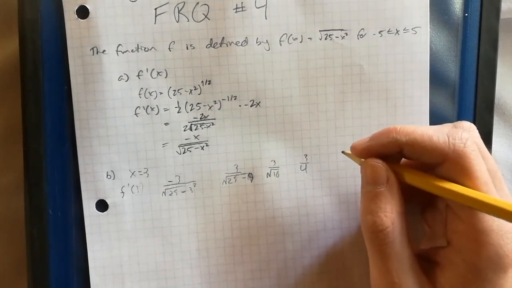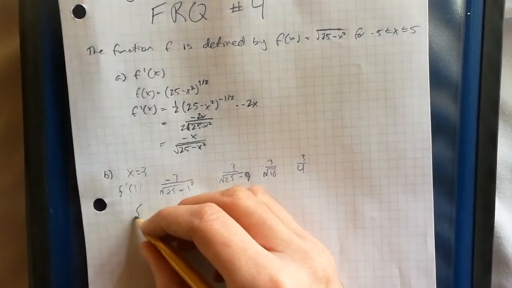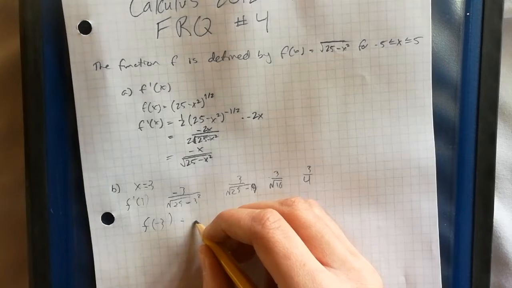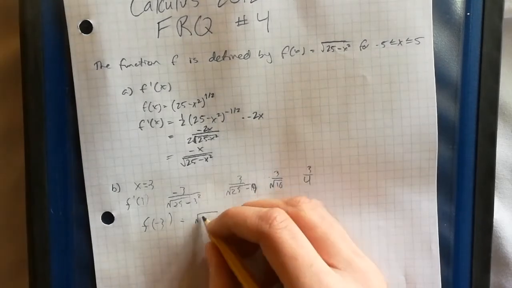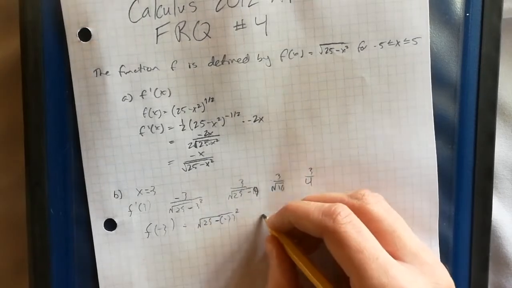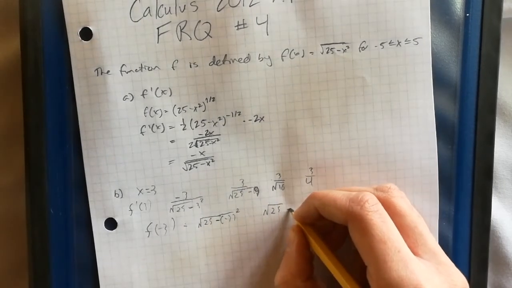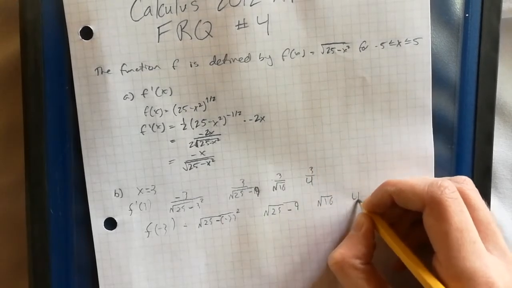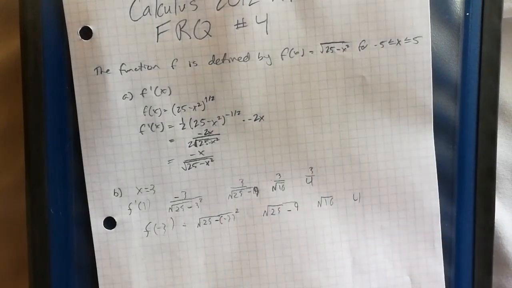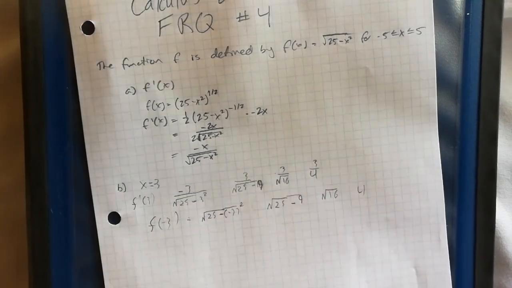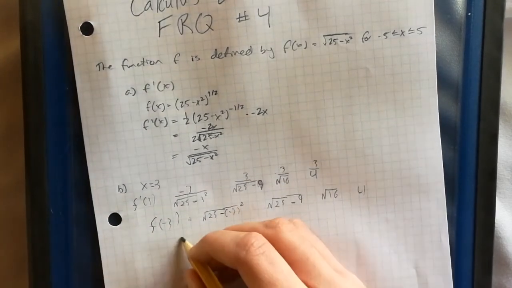And then you find f of -3 from the original equation, which is 4. From that, you can use the point-slope form to find the tangent line.